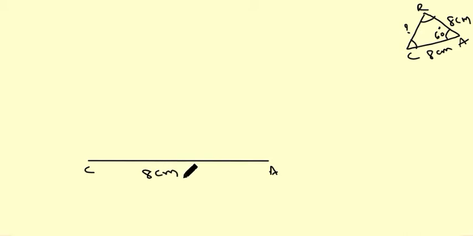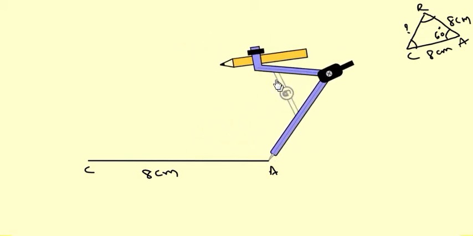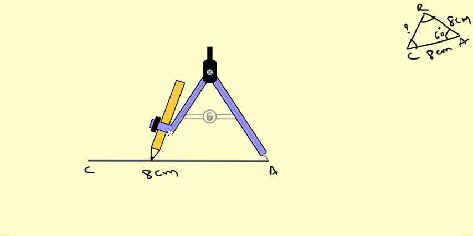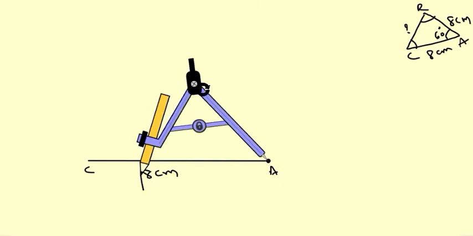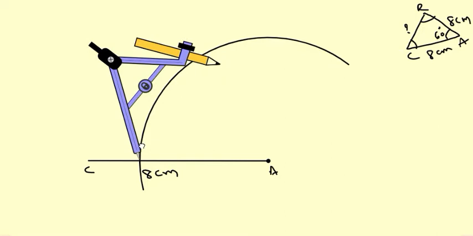Now here we are going to construct angle 60 degrees. So 60 degrees is a special measure. We need to construct angle 60 degrees by using the compass. So for that, take the compass radius more than half of the length of CA line segment. Now with A as the center, draw an arc with the same radius.